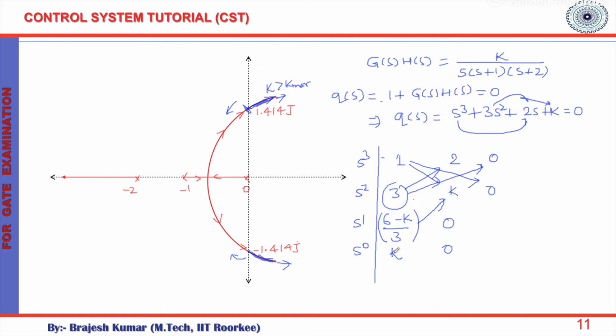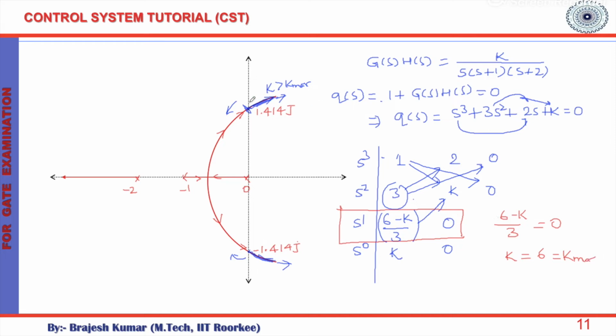So the row of zeros will be given by this row only, because one value is already 0 and you can manage this term to be equal to 0. So if this term is equal to 0, then we will have a row of zeros. So this will lead to K equal to 6, right? So this K is basically K marginal.